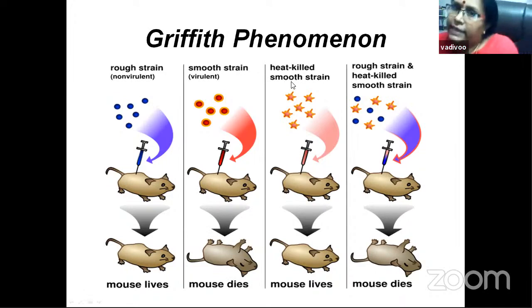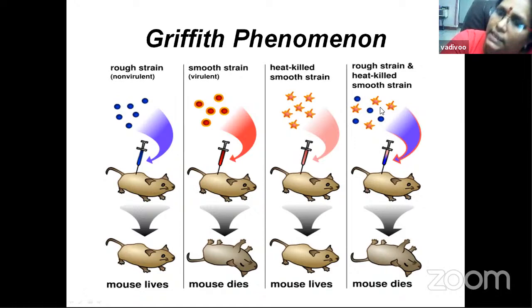Suppose you heat kill the smooth strain. The virulent strain becomes avirulent, so naturally the mouse will live. Now you combine a rough strain and a heat-killed smooth strain. The rough strain separately is non-virulent, and the heat-killed smooth strain is also non-virulent. But when they are combined and given, the mouse dies.